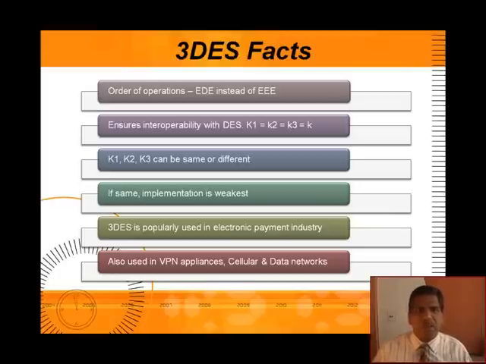Similarly, cellular networks or data networks also make use of the triple DES algorithm extensively to maintain confidentiality of the data. Because ultimately, whether it's RC2 or DES or triple DES or double DES, the idea is that the data should remain confidential. That is primary, and all these algorithms permit this to varying extents. Triple DES is found to be much better than DES or double DES.